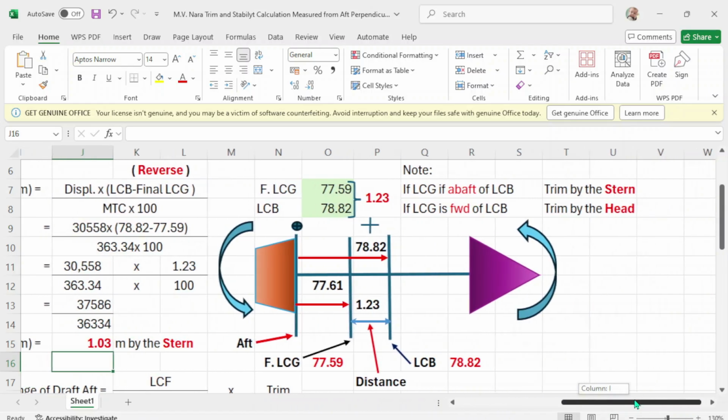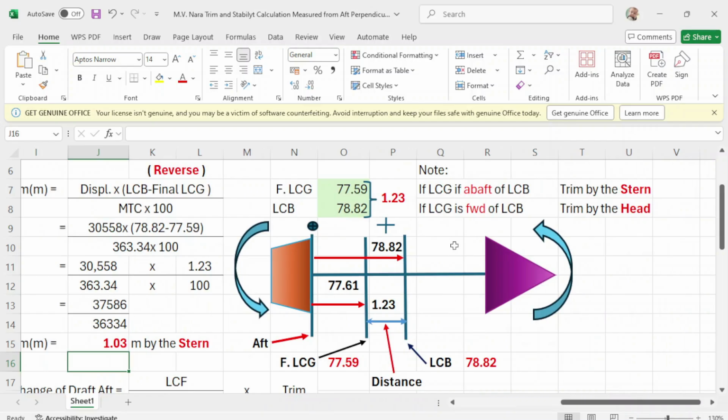With this formula or reminder: if LCG is aft of LCB, meaning it is behind, so LCG is behind LCB. That's why it's trimmed by the stern. Okay. If LCG is forward of LCB, then it is trimmed by the head.